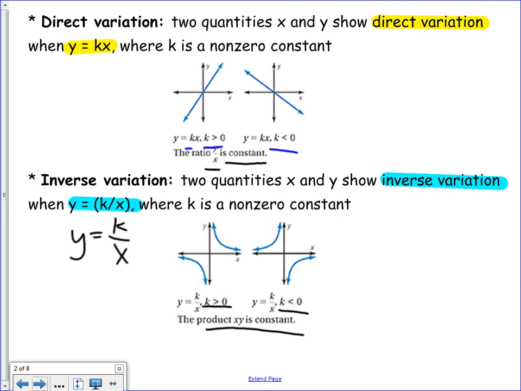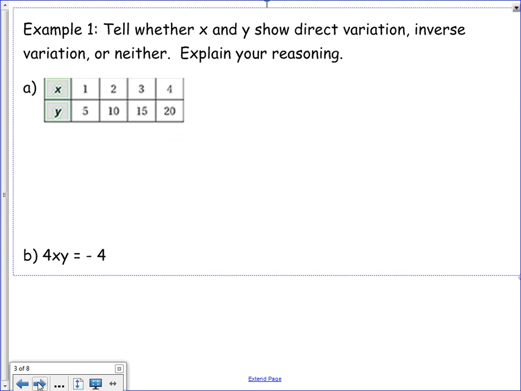Now in example 1, we want to know whether this table shows x and y being direct variation, inverse variation, or neither, and we need to explain our reasoning. So if we do y divided by x, 5 divided by 1 equals 5, 10 divided by 2 equals 5, 15 divided by 3 equals 5, and 20 divided by 4 equals 5.